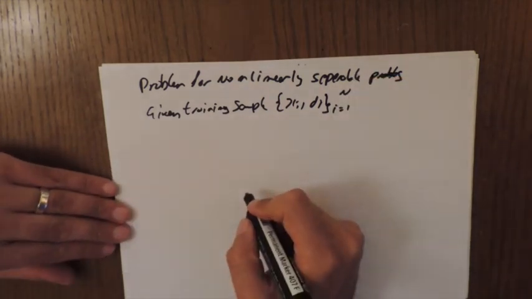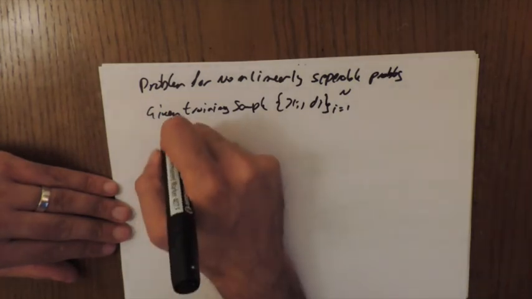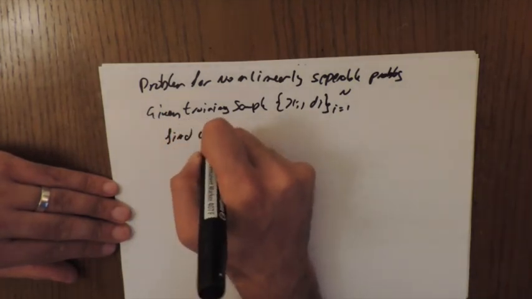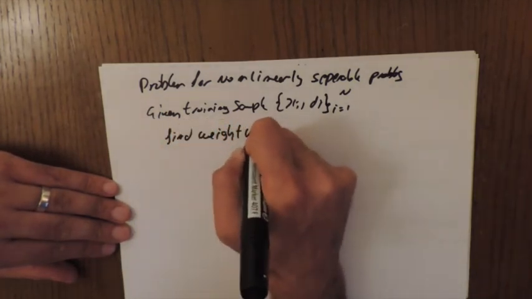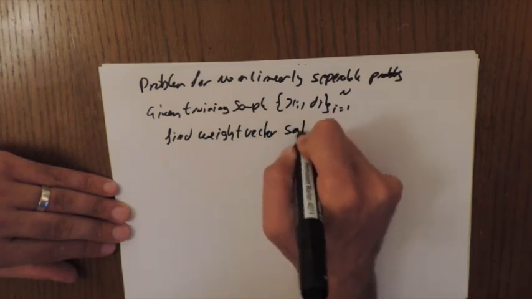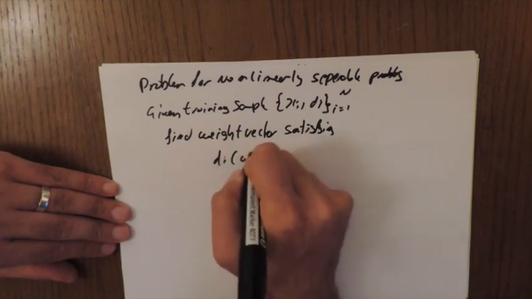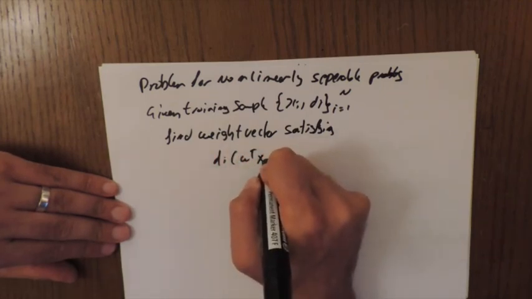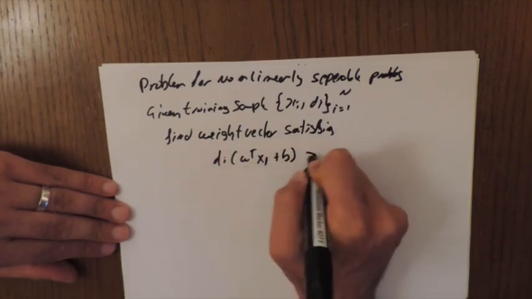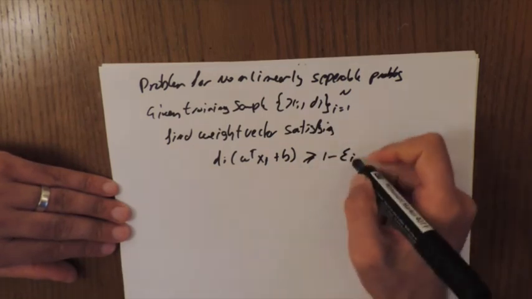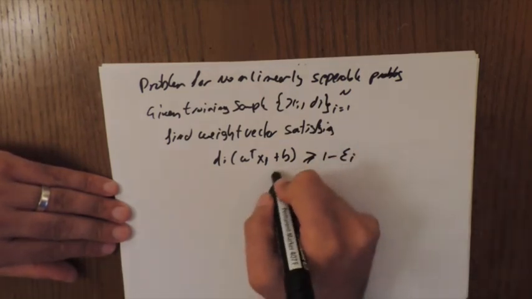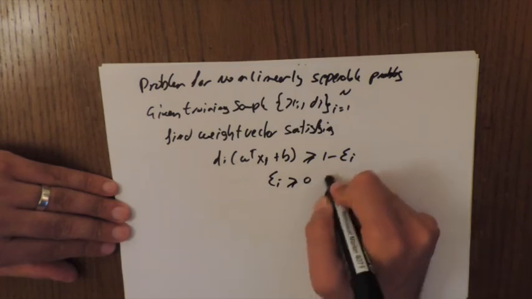We want to find the weight vector satisfying di (w^T xi + b) ≥ 1 minus ξi, and ξi greater or equal to 0 for all i.